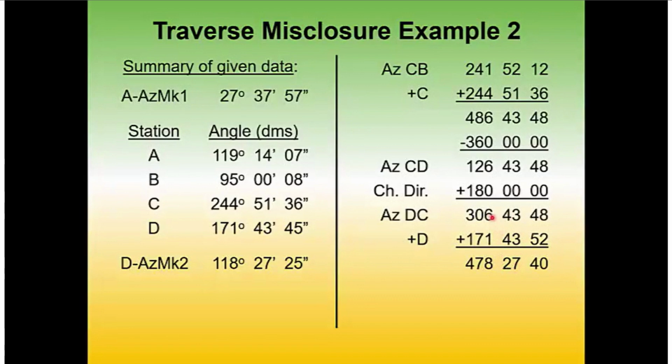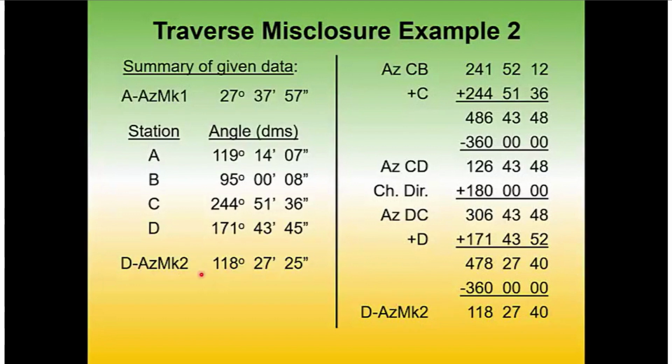Take the 60 minutes, come over here and make it a degree, and this becomes 307 plus 171, or 478 degrees, 27 minutes and 40 seconds. We must again subtract 360 degrees, and we get the azimuth from D to azimuth mark 2 to be 118, 27, 40. We can see this is the actual computed or measured value.